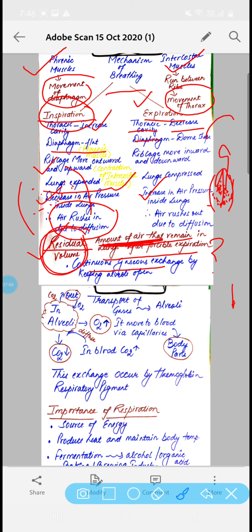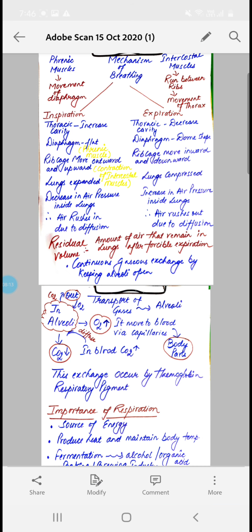This residual volume of air keeps the alveoli always open so that exchange of gases can easily take place. So both of these questions are important: what is the mechanism of breathing, and second, what is residual volume and what is its function. I hope both the topics are clear to you now.